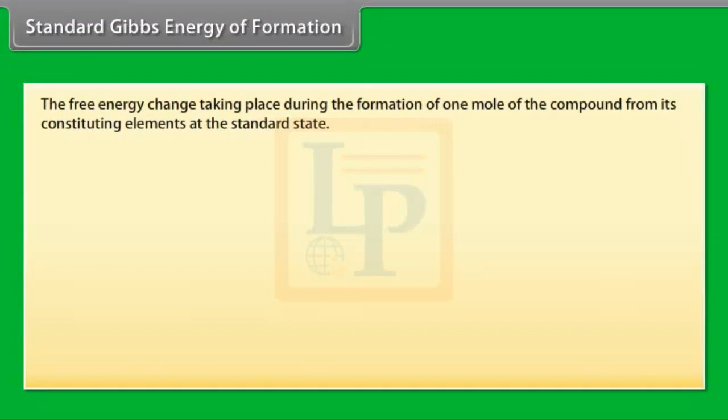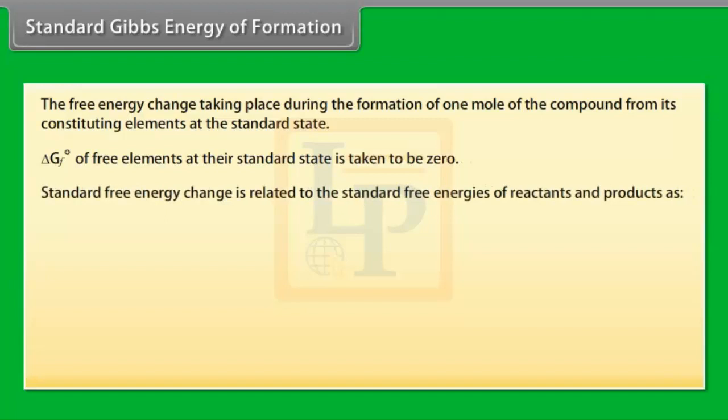Standard Gibbs energy of formation. The free energy change taking place during the formation of 1 mole of the compound from its constituent elements at the standard state. Delta Gf naught of free elements at their standard state is taken to be 0. Standard free energy change is related to the standard free energies of reactants and products as delta G naught is equal to summation of delta Gf naught of products minus summation of delta Gf naught of reactants.